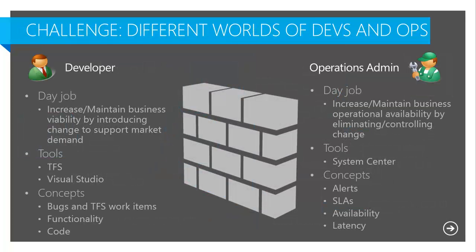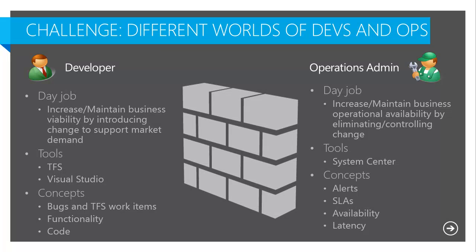So if we summarize all those issues, the real problem is that developers and operations come from two different worlds. It's not only the tools that make those worlds different. Developers obviously use Team Foundation Server, Visual Studio, and other development tools. Operations use a totally different set of tools, System Center and other operations tools.